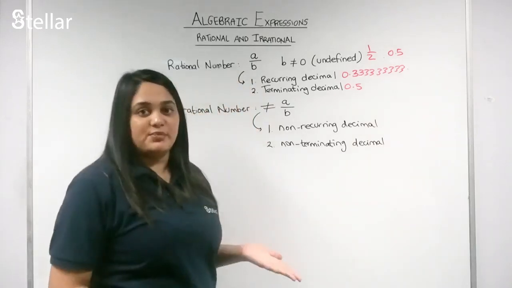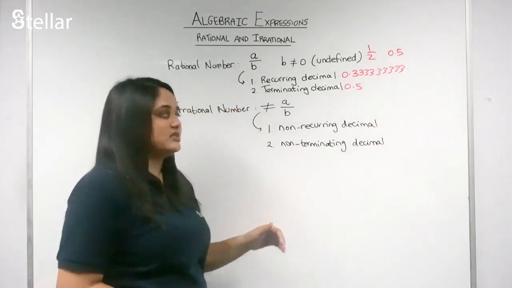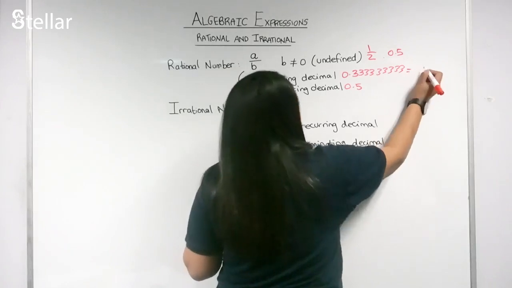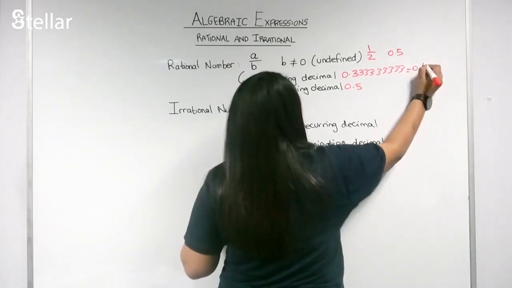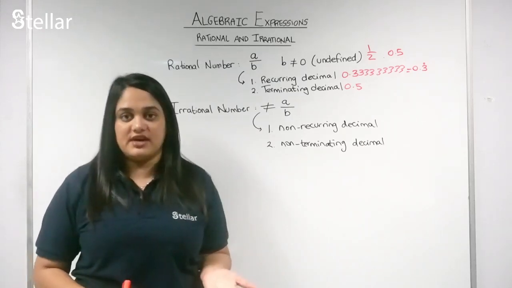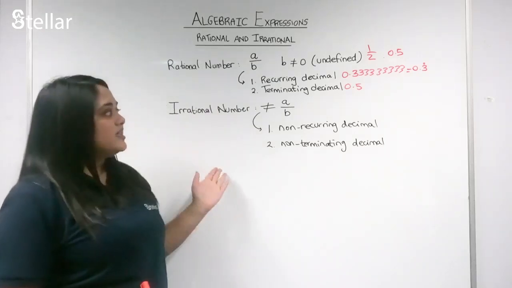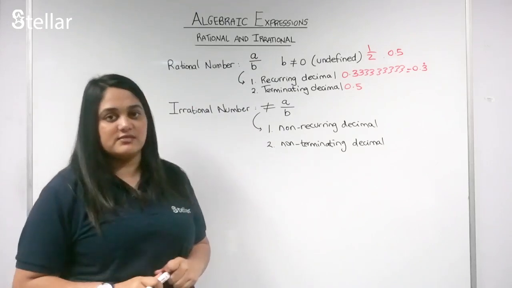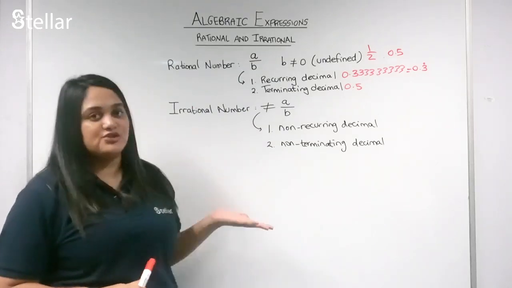The number is repeated. It's a recurring decimal because this would be equal to 0.3 recurring, and that's how we show when a number is recurring.